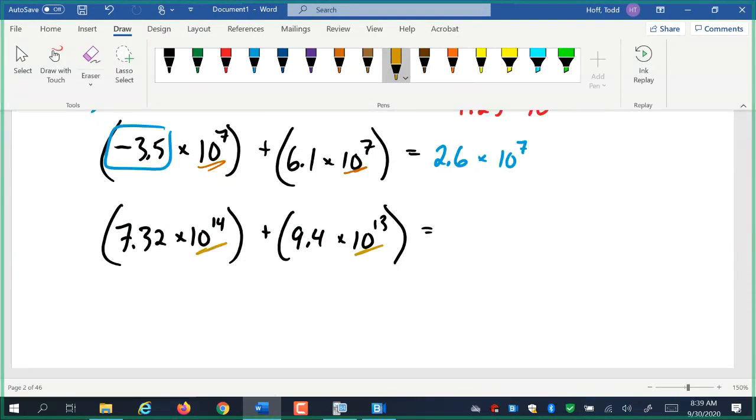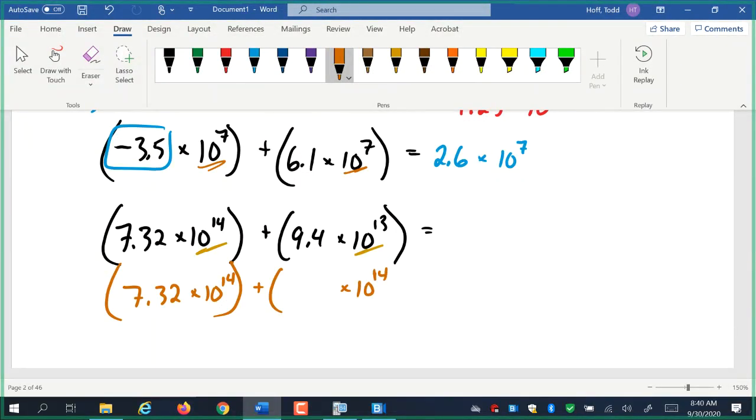They have different names. Well, I have to give them the same name. I have to change one of them. Usually what works best is to go to the higher power. So this one is the higher power, so that's just going to stay 7.32 times 10 to the 14th. This one has to become 10 to the 14th.